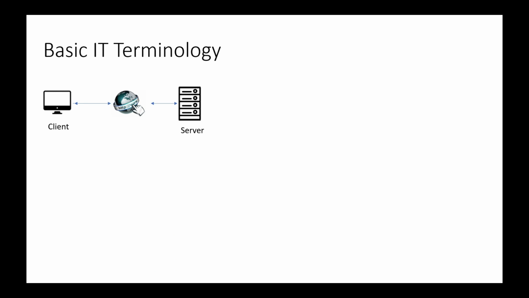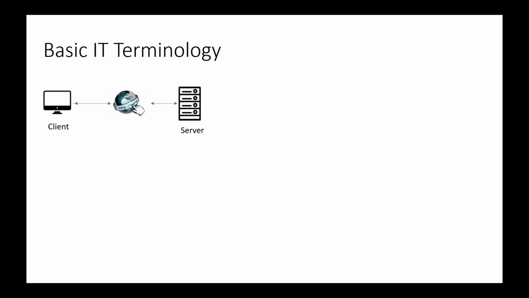For example, there are so many services that you are using right now. You might not know it, but you are using, for example, gmail.com. That is an email service provided by Google.